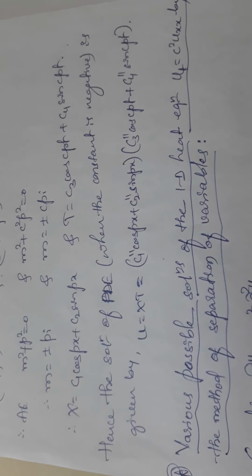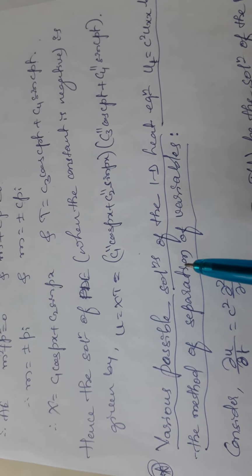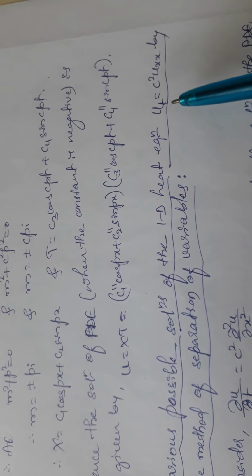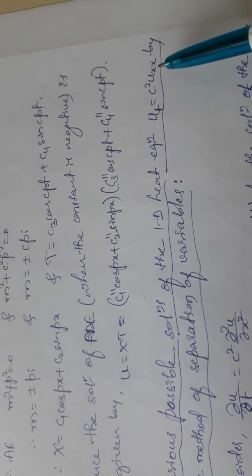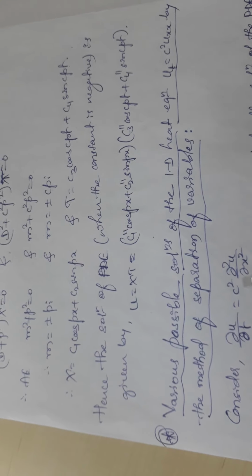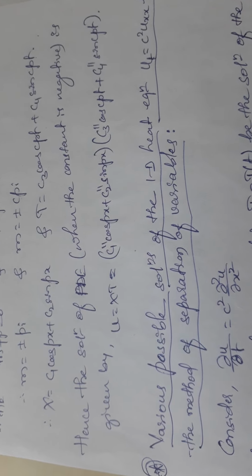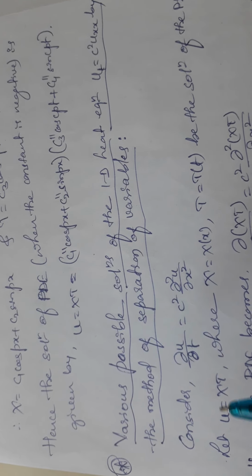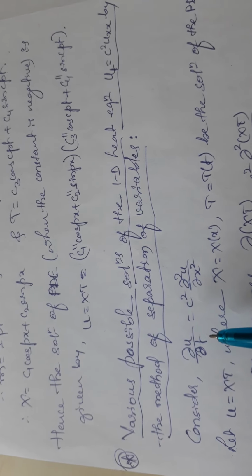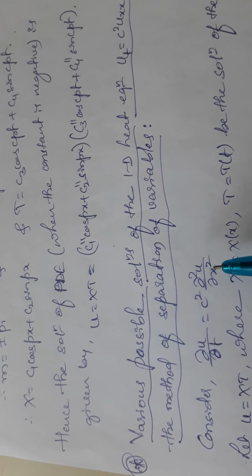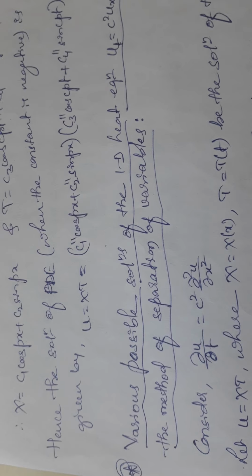Now we consider the various possible solutions of the one-dimensional heat equation, that is ut equal to c square uxx, by the method of separation of variables. Consider the one-dimensional heat equation dou u by dou t equal to c square dou 2u by dou x square.